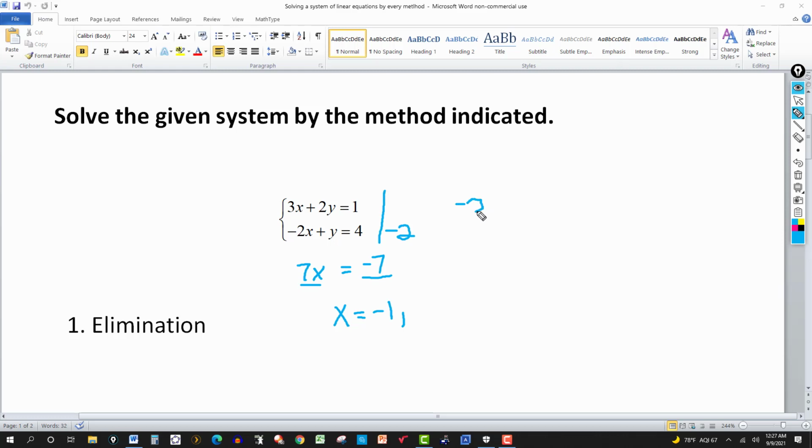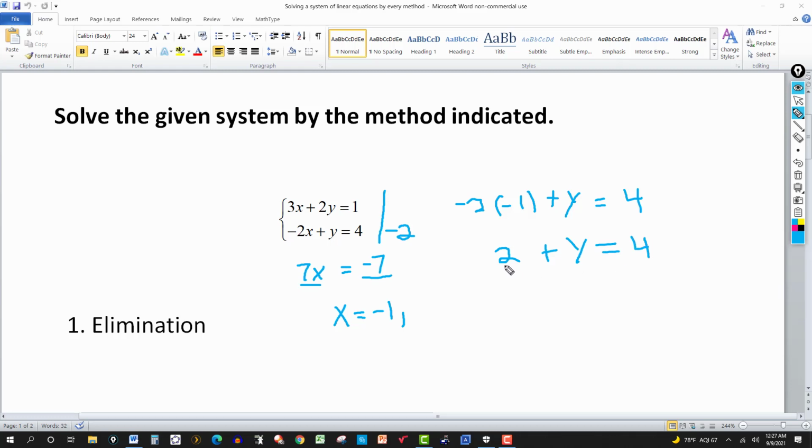I get -2, and where the x is, I put -1, plus y is equal to 4. Okay, so now we have an equation with one variable, y. So -2 and -1 is +2, plus y equal to 4.